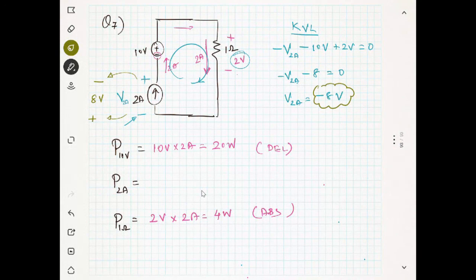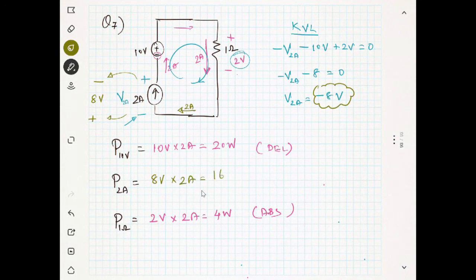Now you see the current is entering which terminal? You see the current is entering like this. The current of 2 ampere is moving like this. So we will first calculate how much power there is. Power is the voltage magnitude, 8 volt, multiplied by the current magnitude, 2 ampere.